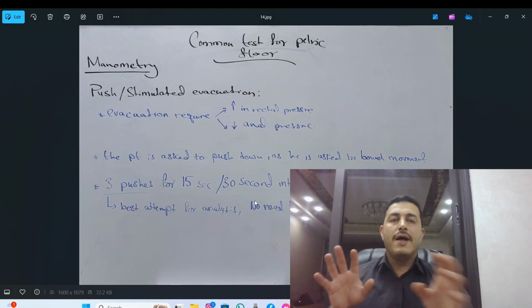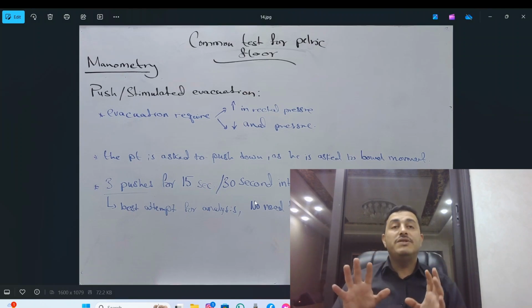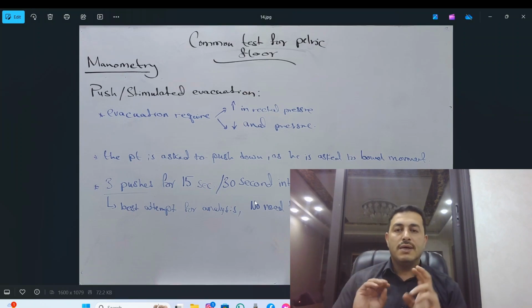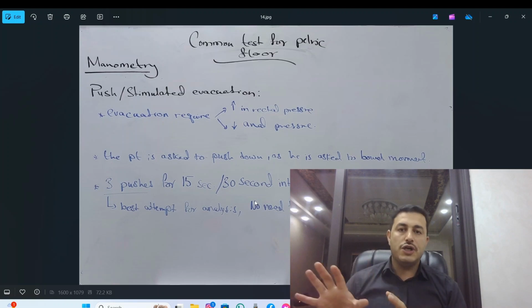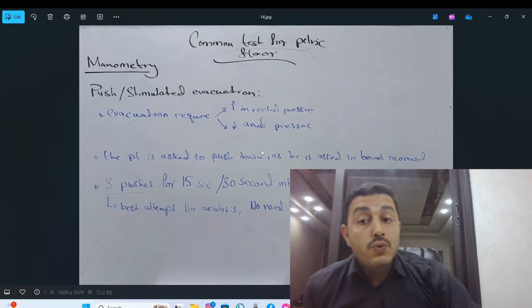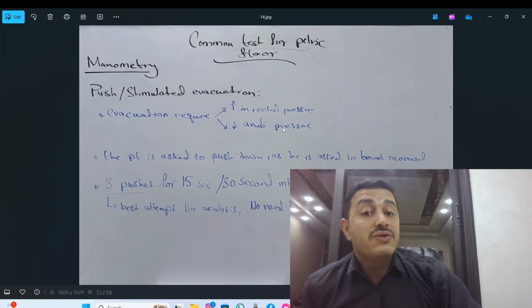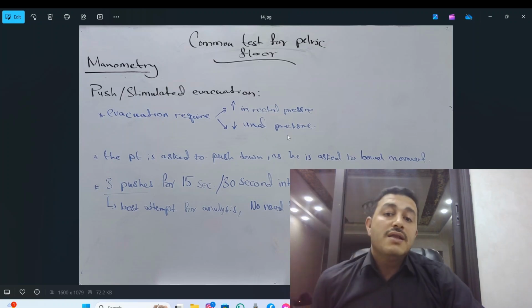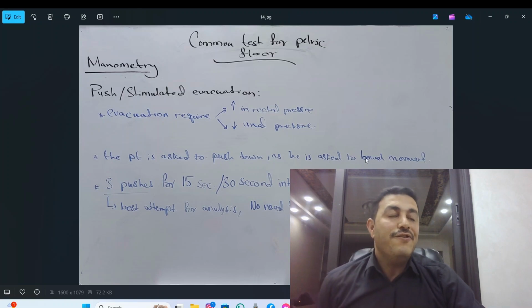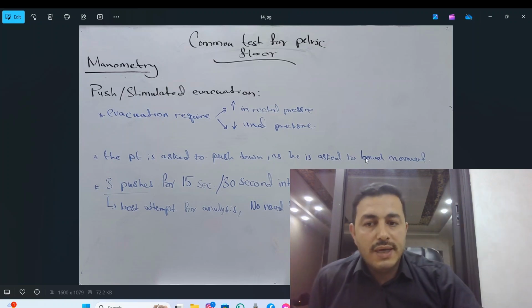The problem is that, as we will see, manometry cannot alone diagnose dyssynergia. We will see why. So we said that evacuation requires what? Increase in rectal pressure, decrease in the anal pressure. The patient is asked to push down as if he wants to evacuate.